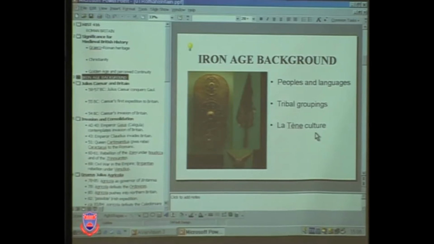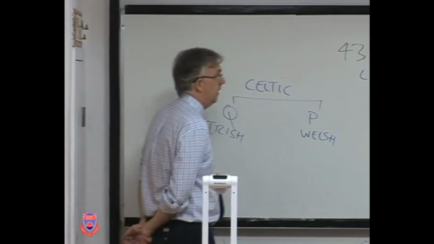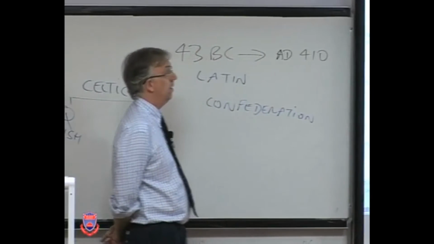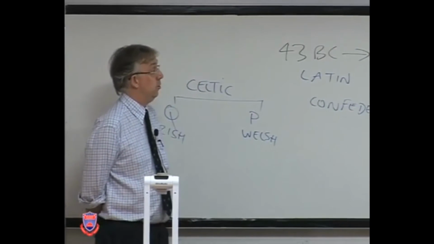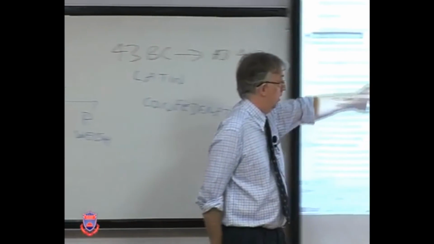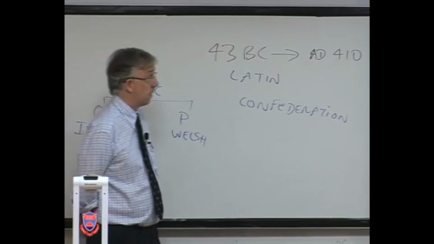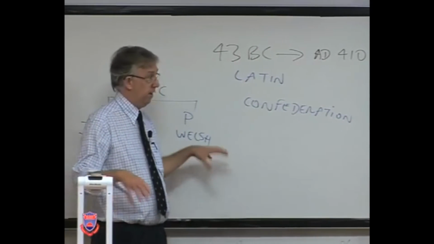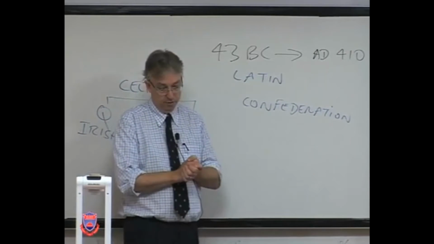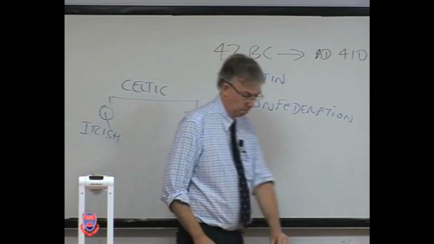It's an Iron Age culture which spread from, I think it was Switzerland originally, and dominated a large part of Central and Western Europe, and continued into Britain and Ireland as well. We've got a few examples of Celtic La Tène art up there, I think. And so the peoples of Britain at this point were part of this broader cultural situation in Europe prior to the arrival of the Romans.